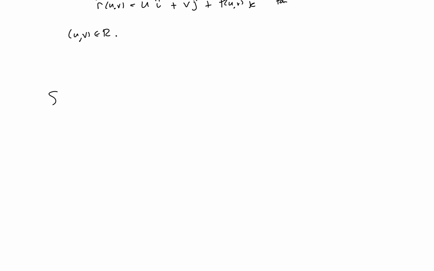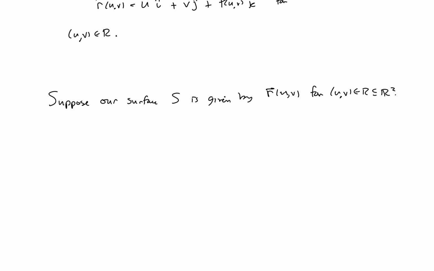So let's suppose we have parameterized our surface. So it's given by some r of u v for u and v in some region R that's in the u v plane. Okay, let's also suppose we have chosen an orientation.